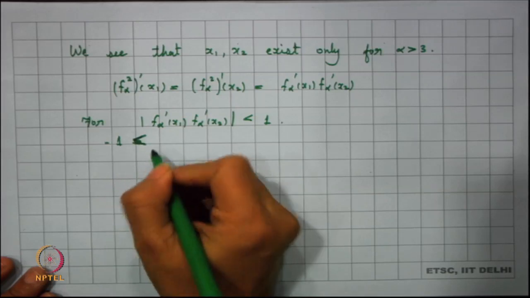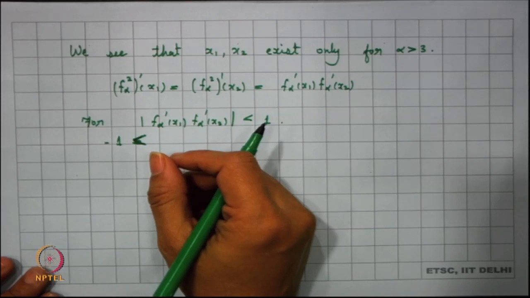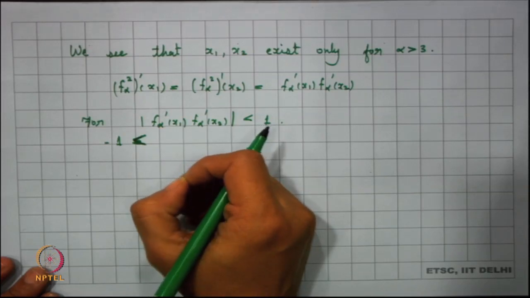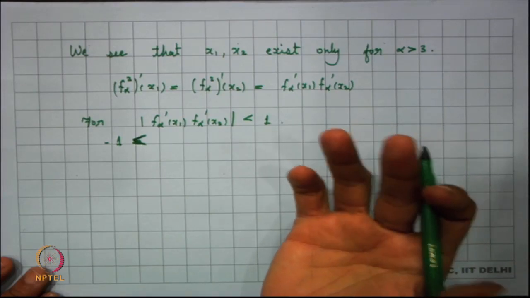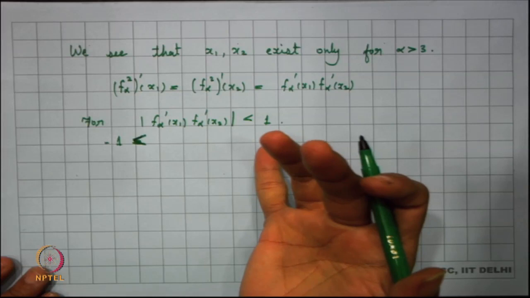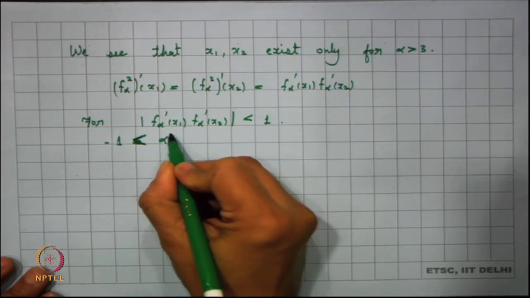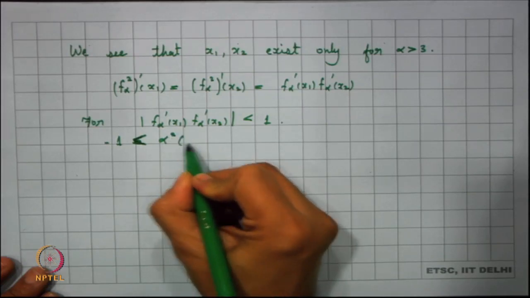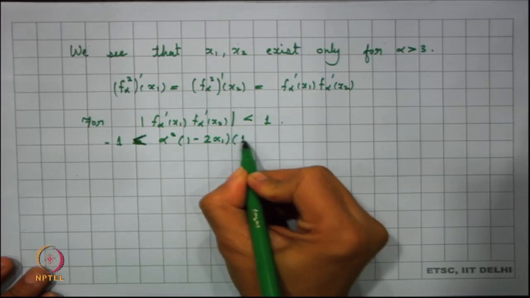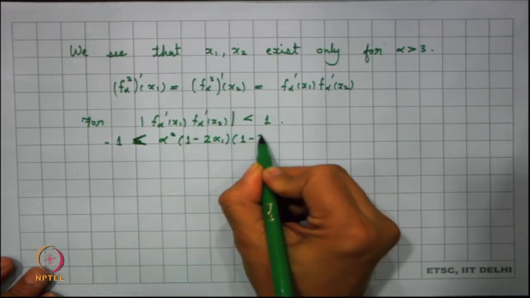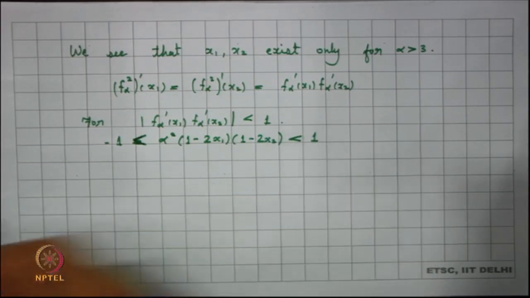So, minus 1 should be less than, now I am multiplying the 2 and we know what is the derivative here. So, the derivative here turns out to be alpha times 1 minus x minus alpha times x. So, the derivative, if I look into that aspect, I can take alpha common here. So, I have alpha square times 1 minus twice x1 into 1 minus twice x2, and I want this to be less than 1.